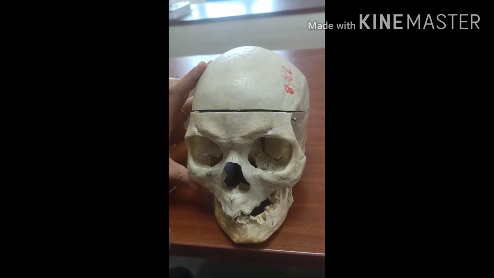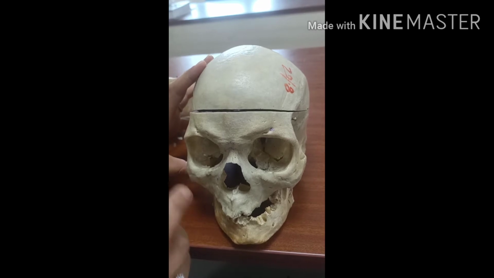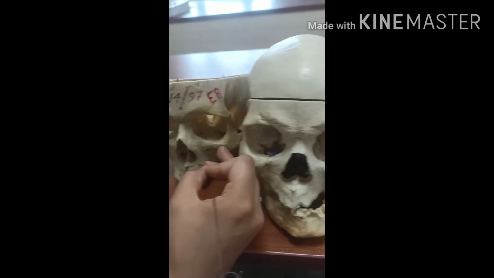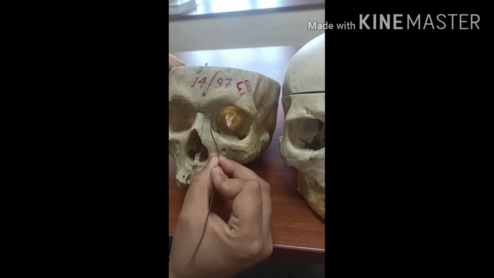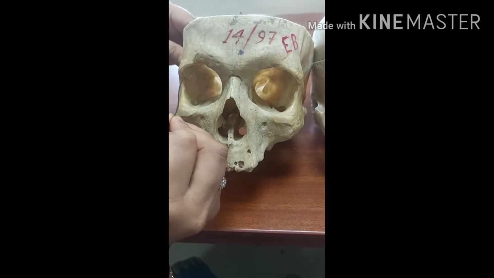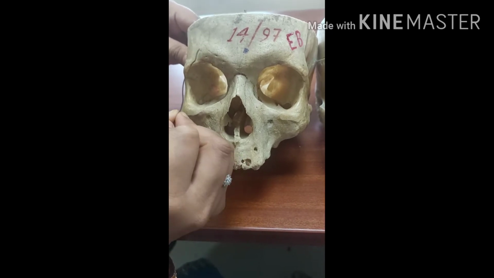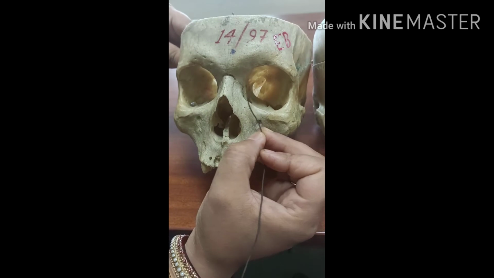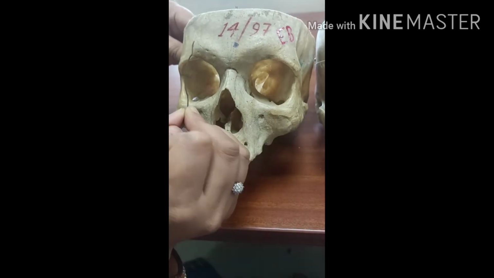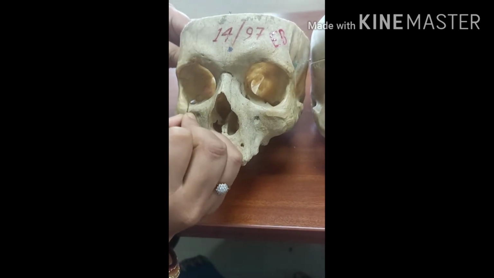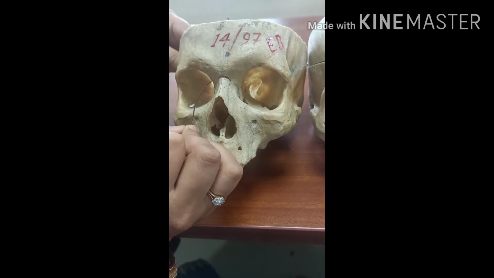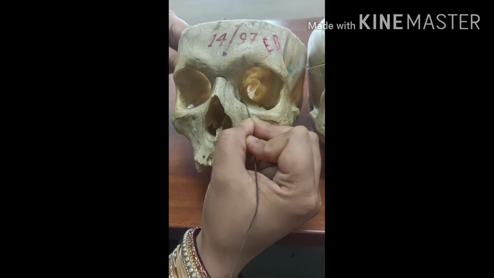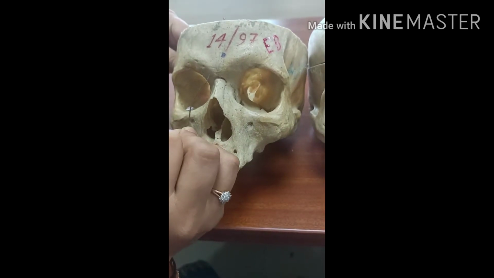In the frontal region we will see the following features. First, you can see very clearly in this skull, these are the superciliary arches. These are the superciliary arches, rounded and curved elevations situated just above the medial part of the orbit. Okay.